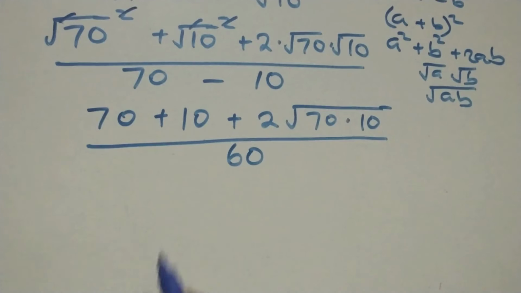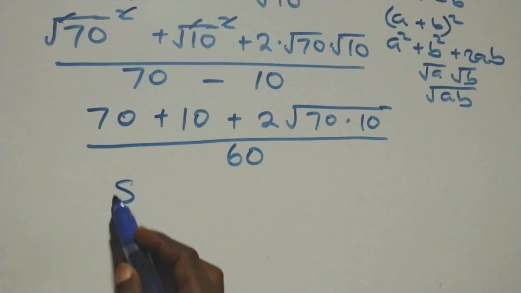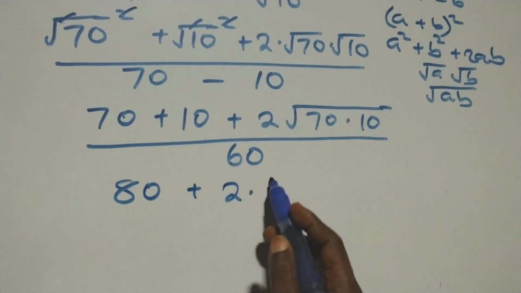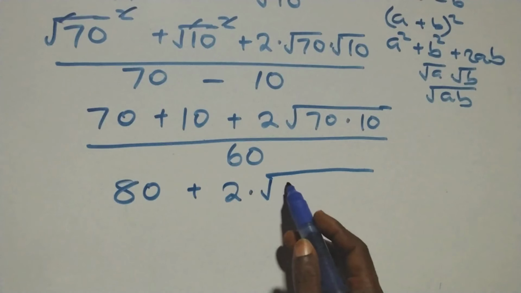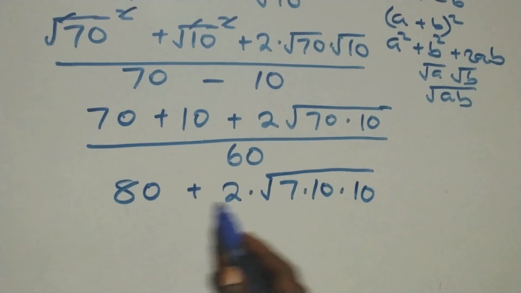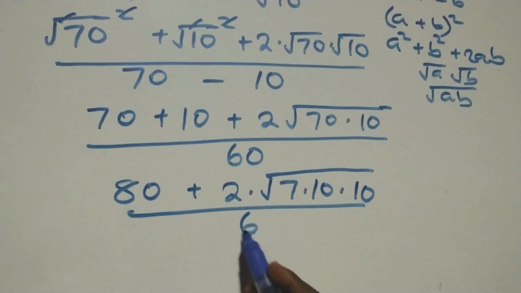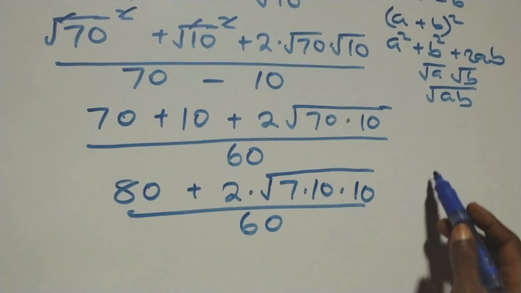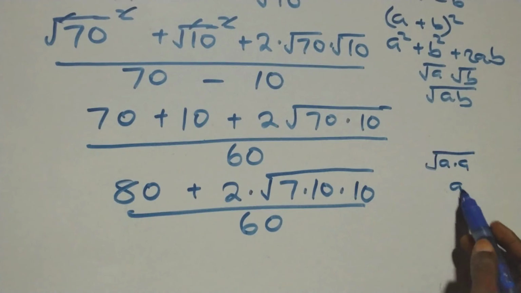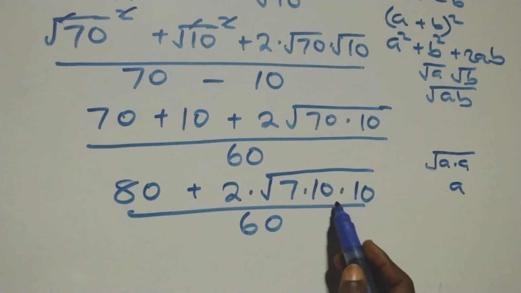That is, next step, we have 70 plus 10, that's 80, plus 2 times. We can separate 70 as 7 times 10, then times 10 here, divided by 60. Then when we have the same thing under the root, like root a times a, the answer is a. Also, root 10 times 10, the answer is 10.